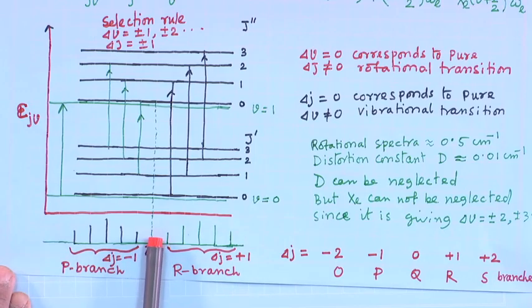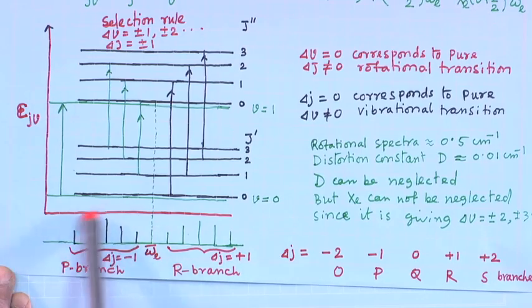The side which follows del j equal to minus 1 is called the P branch, and for del j equal to plus 1, the other side is called the R branch, okay. So, we will get branches of spectral lines.